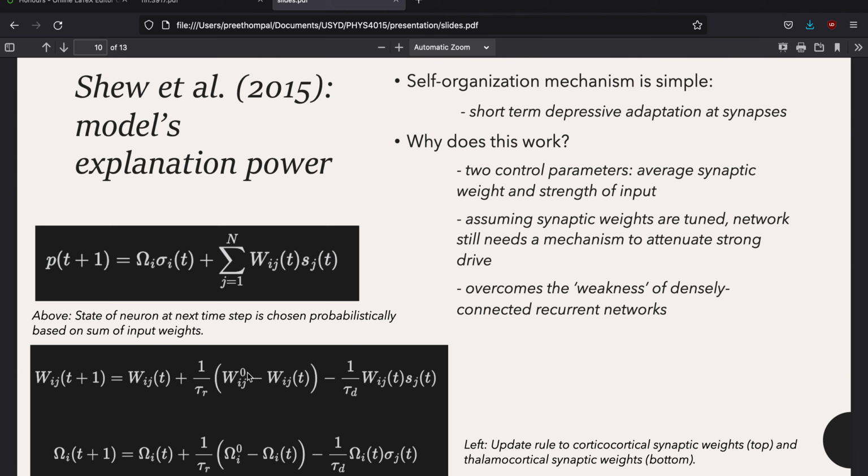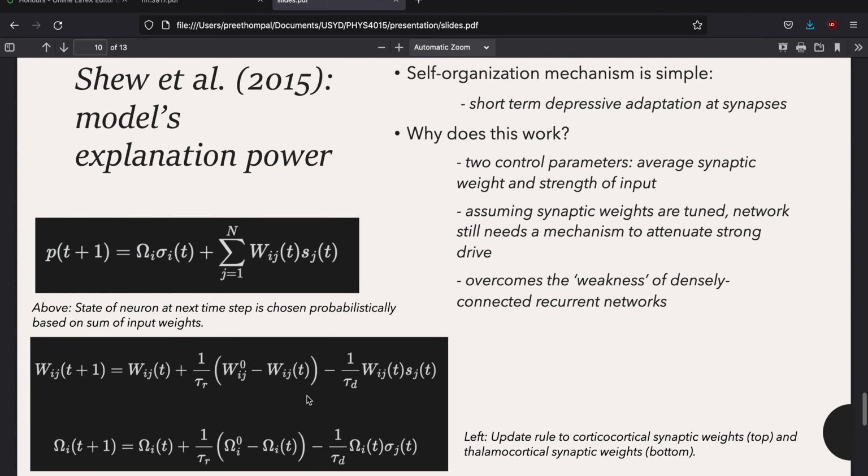Okay, and then the updating rules are the same really for the synaptic weight matrix between neuron J and neuron I and the incoming synaptic weight vector. It's the same rule here. So we take what the weight was previously at that time step from neuron J to I, and then we add a recovery term and we subtract a depression term.